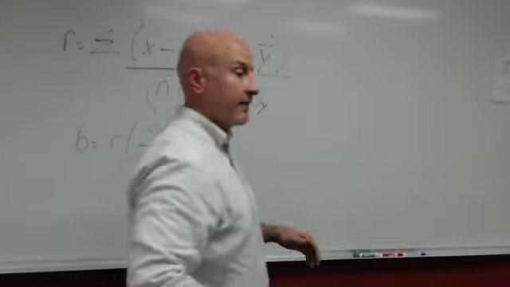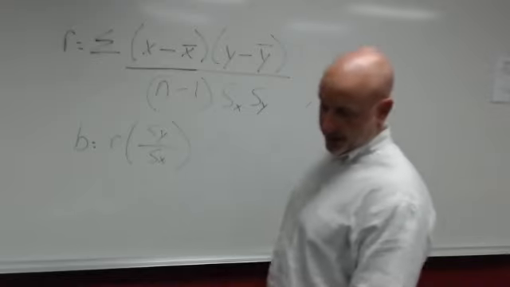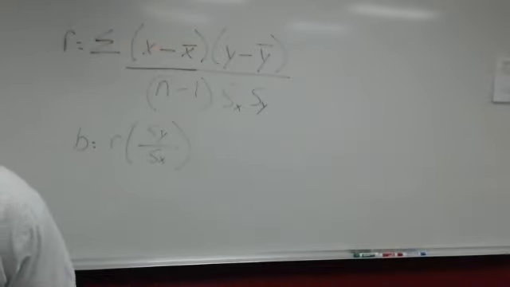Now, the text has done a good job of summarizing this for you. So remember, it's the standard deviation of the Y variable and the standard deviation of the X variable. But the book has given us a good job of being able to solve this.